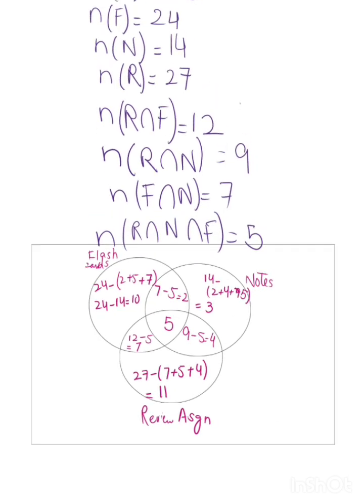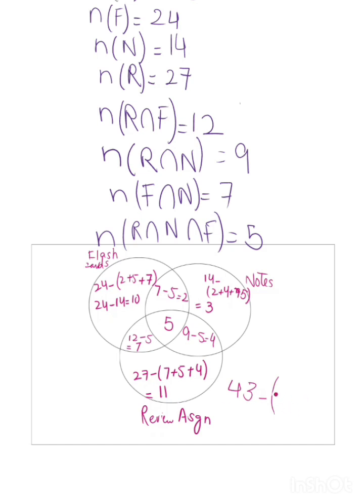Alright, let me write it down. So it would be 43 minus, so I need to add the rest of the values, 10, 2, 3, there are 7 values in total.